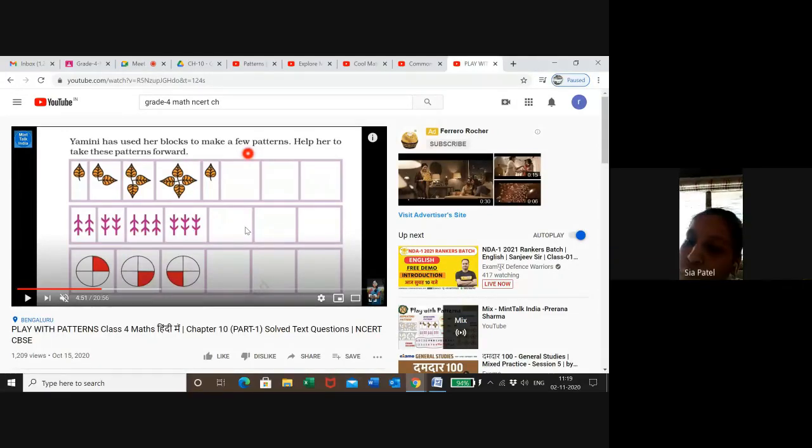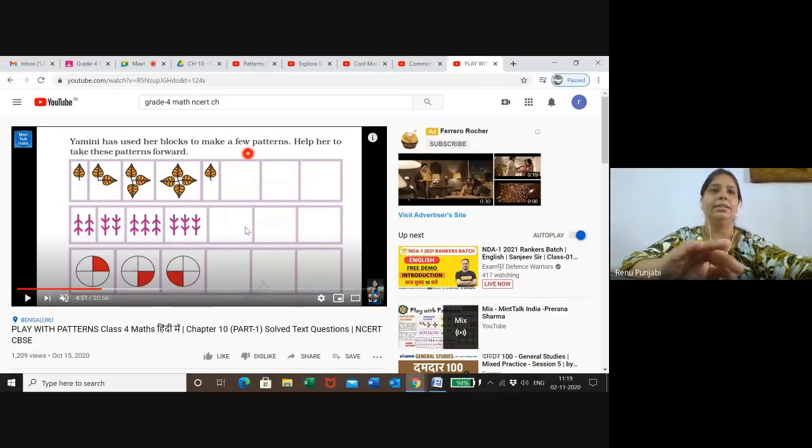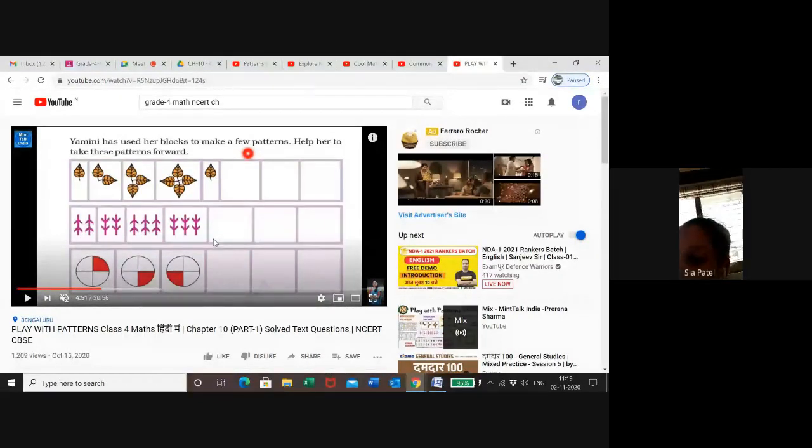It is 4 and we have to make the arrow up. No, first down, then up. Then down, then up. Then what will come next? It will be 4 lines and the arrow will come down. Yes.